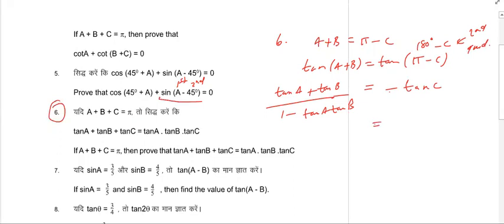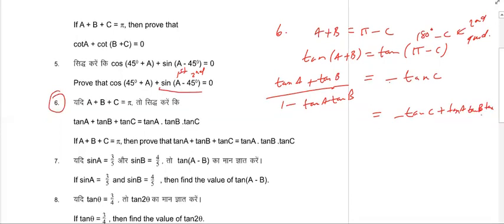Cross multiplying should give me negative tan c plus tan a tan b tan c, which is tan a plus tan b.